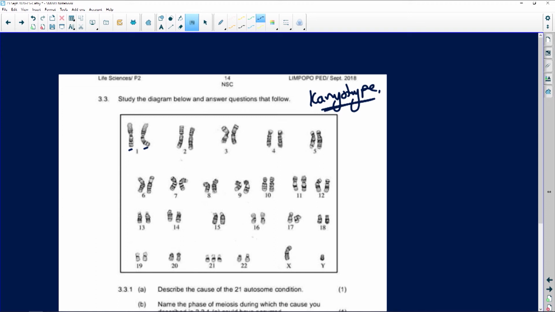This is what you're going to see in the nucleus of every single cell in the body. So there's chromosome pair 1, 2, 3, 4, 5. That could be maternal and that's paternal. So these are all homologous chromosomes.